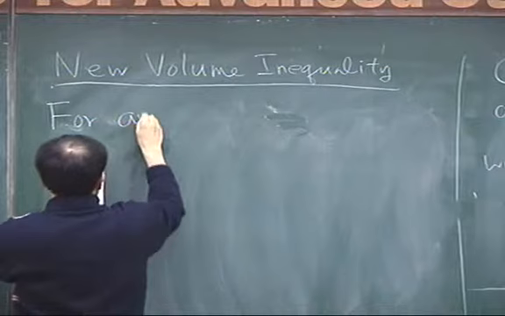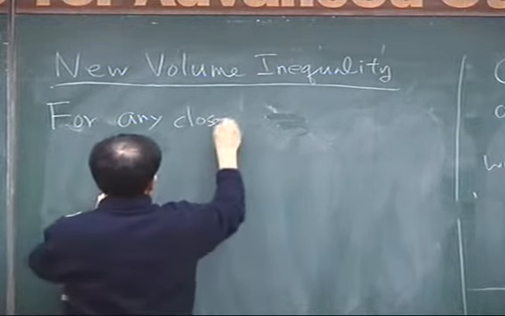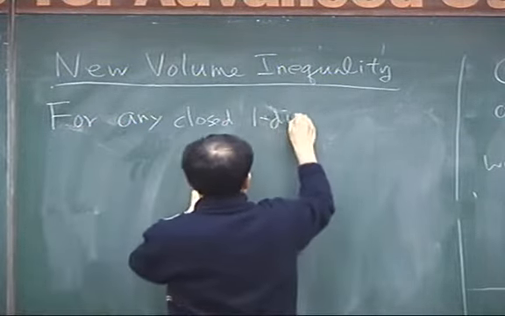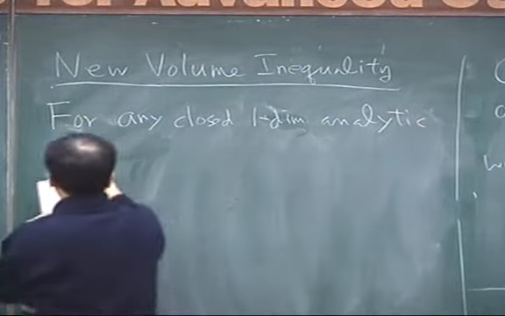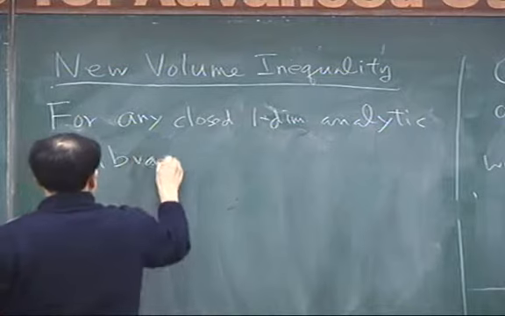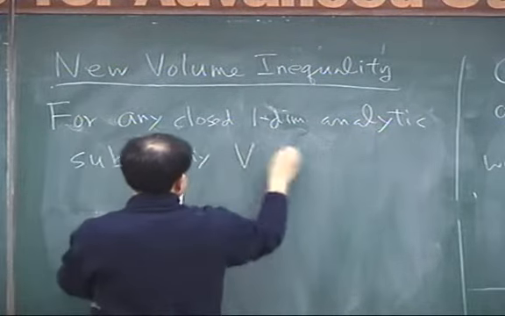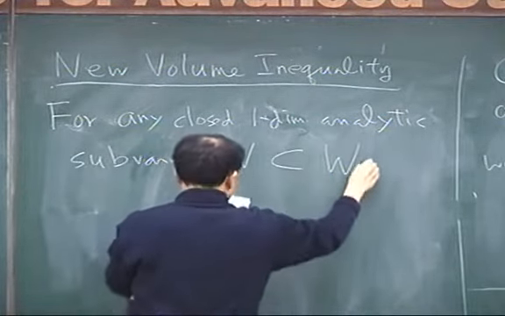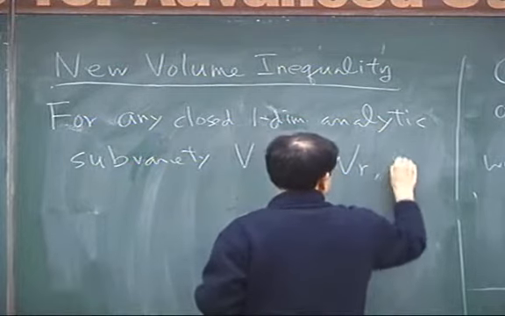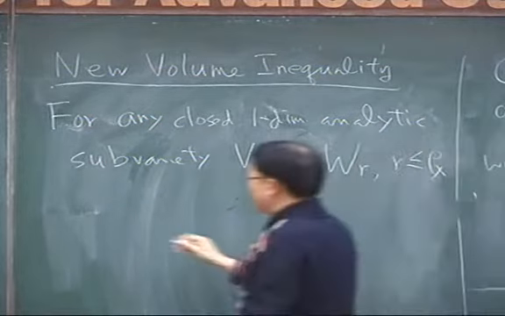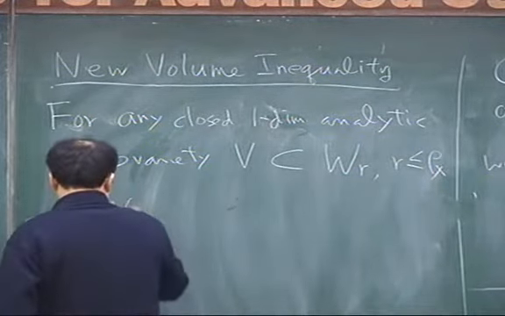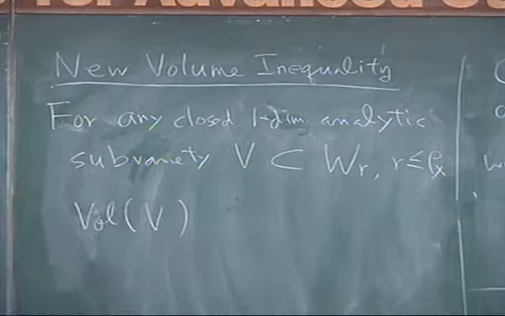For any closed one-dimensional analytic variety V inside W_R, where R is less than the injectivity radius, consider the volume of V. V is a curve inside here, like this.